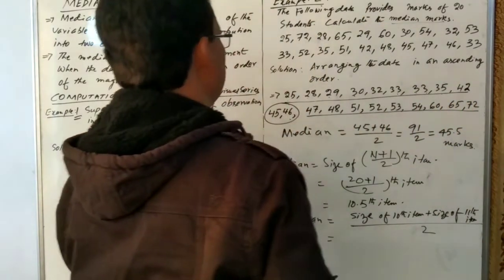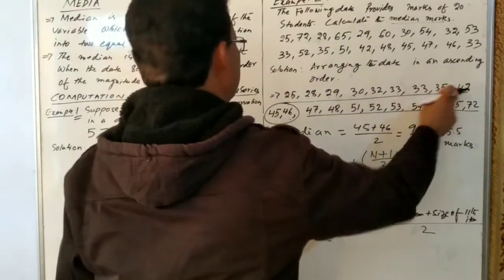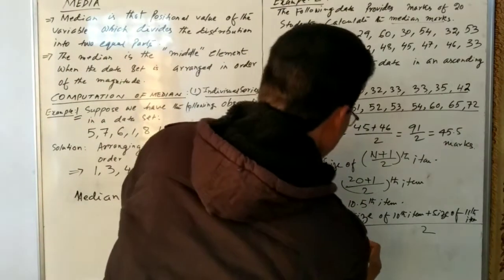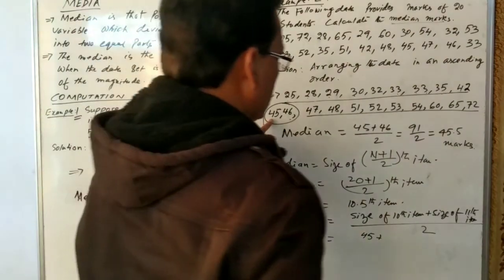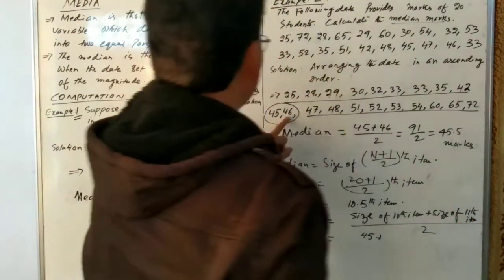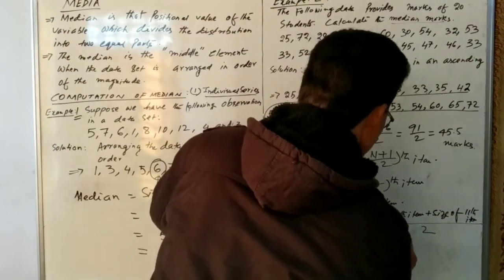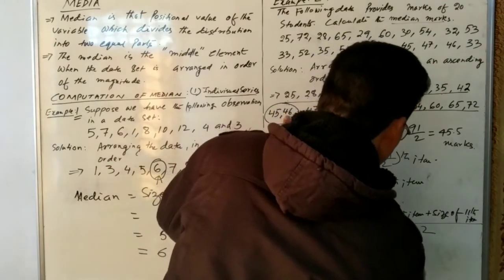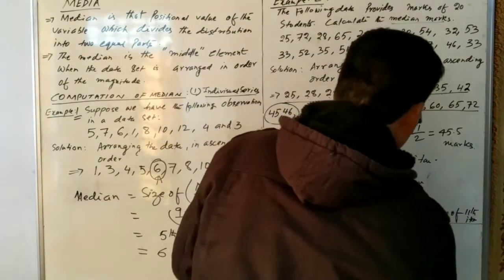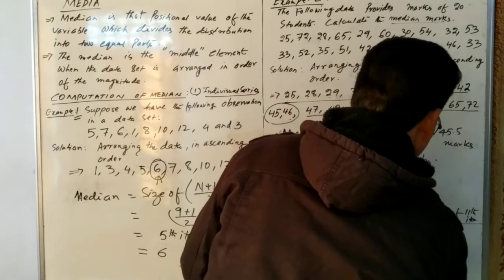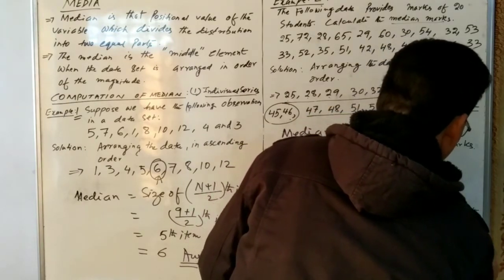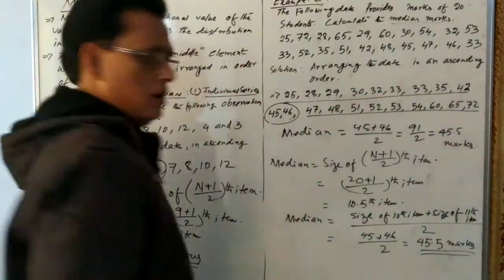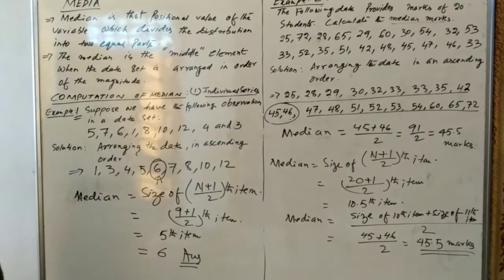So the 10th item is 45, and the size of the 11th item is 46, and this divided by 2 will again be 45.5. So this is the calculation of median for an even number.